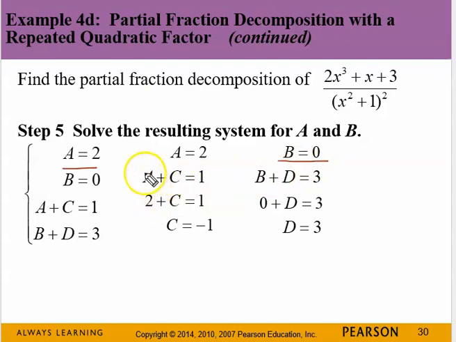And we know that A is 2. So our C value is going to be a -1. And we know our B value is 0. So 0 plus D is 3. D is 3. So our A is 2. Our B is 0. Our C is -1. And our D is 3.